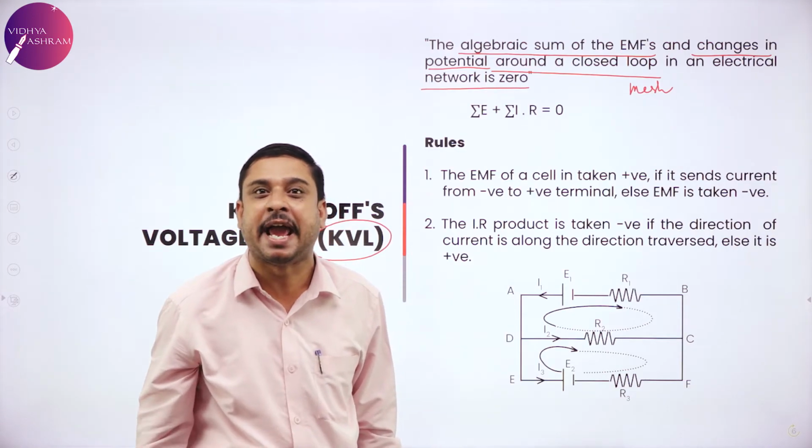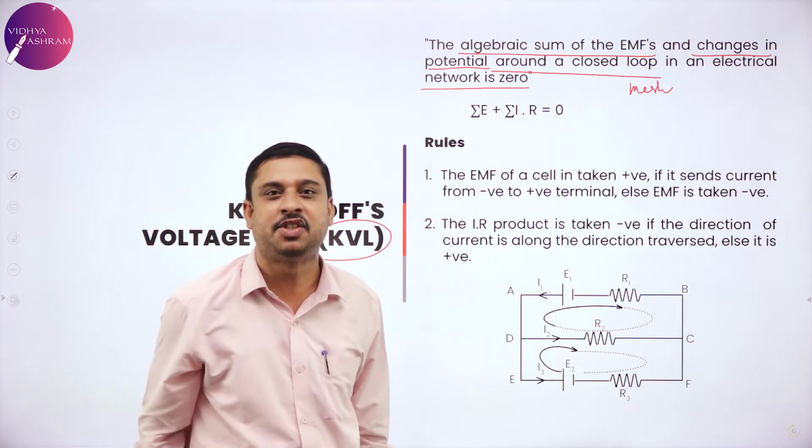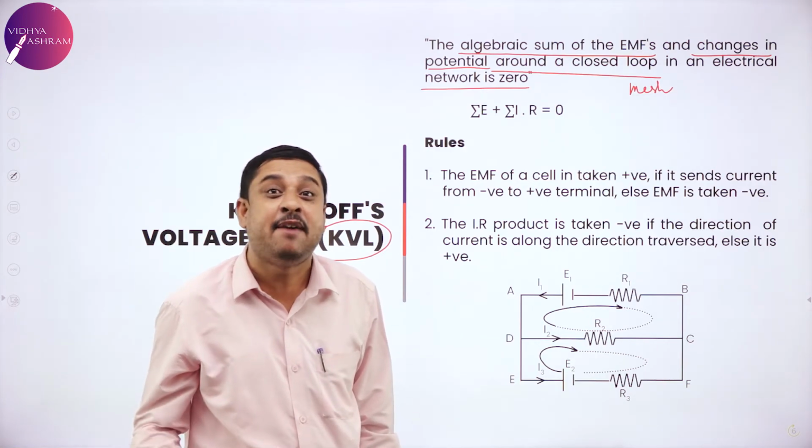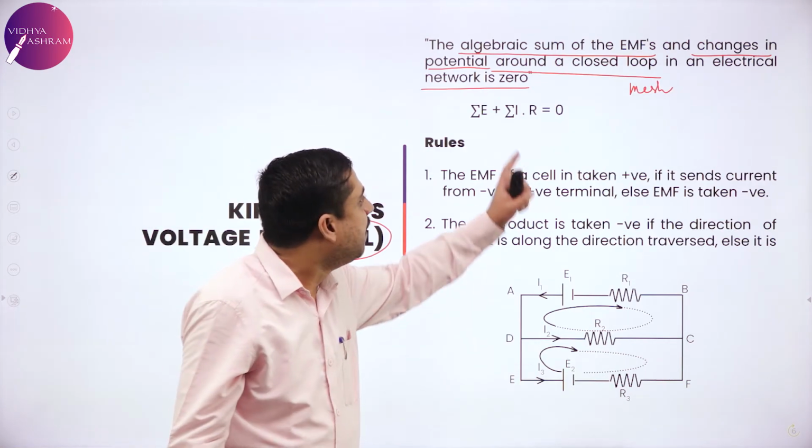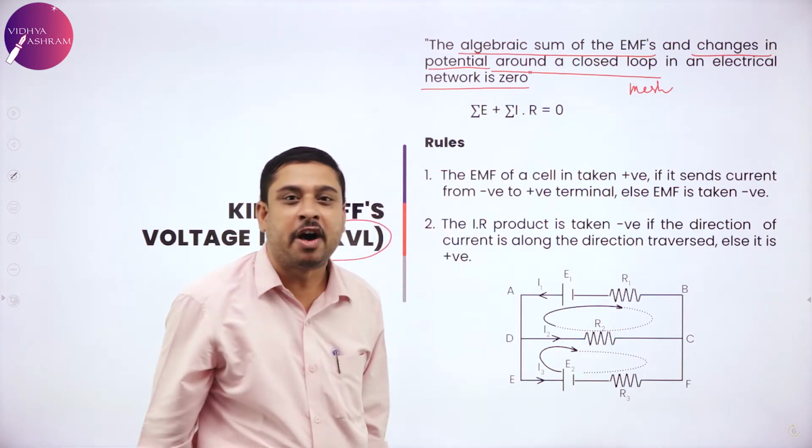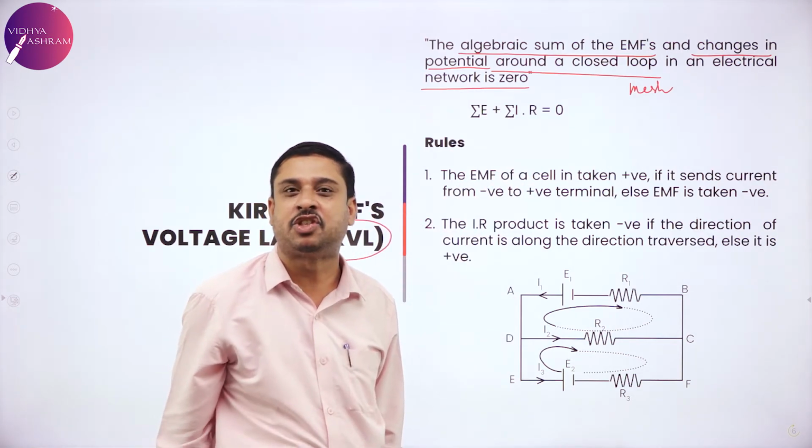KCL was framed with node into consideration. KVL is stated with a loop or a mesh into consideration.